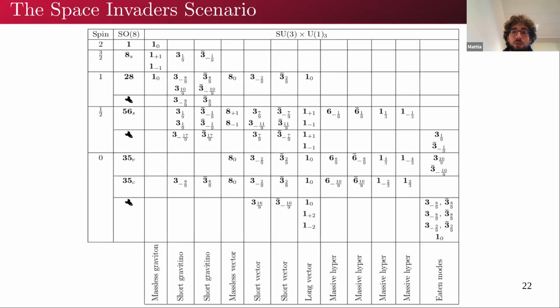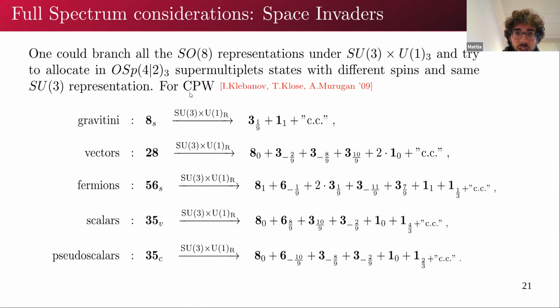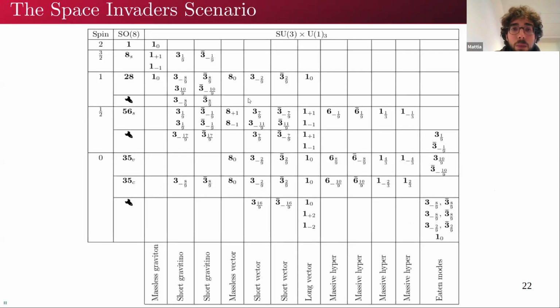And in our case, differently from the similar analysis for CPW, it happens that this allocation cannot be made Kaluza-Klein level by Kaluza-Klein level independently. Here I displayed a table for Kaluza-Klein level 0.